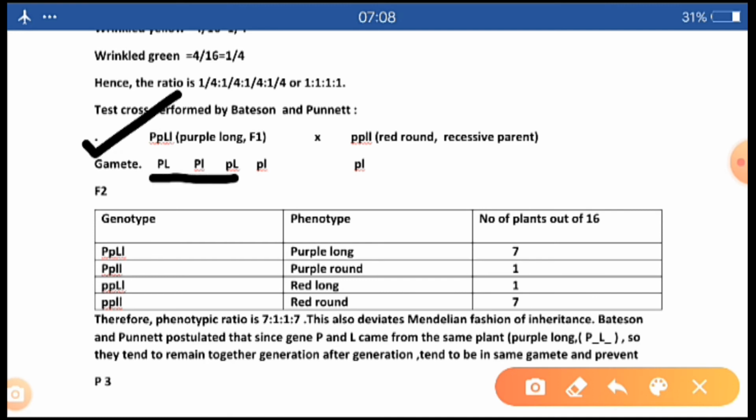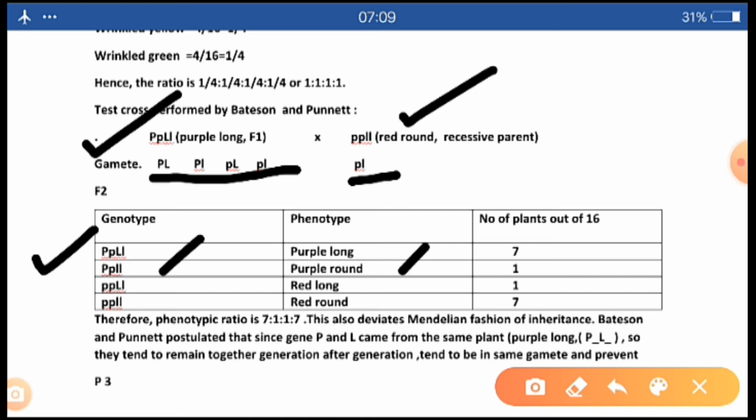These are its gametes, and it is the recessive parent, and this is the gamete. This one is the checkerboard or Punnett square for the F2 generation. So these are the genotypes and phenotypes respectively. Okay.